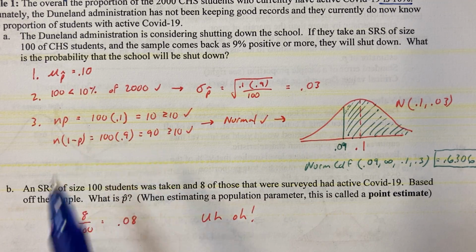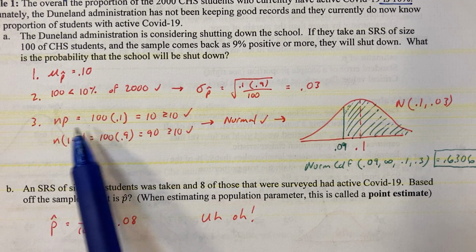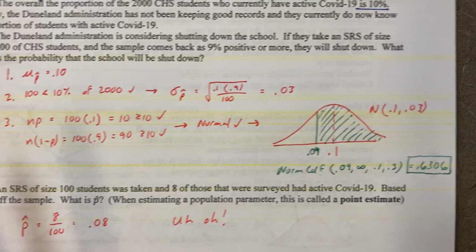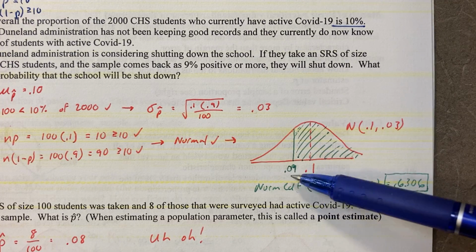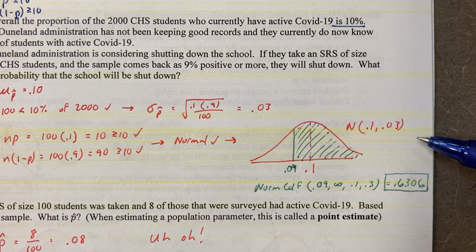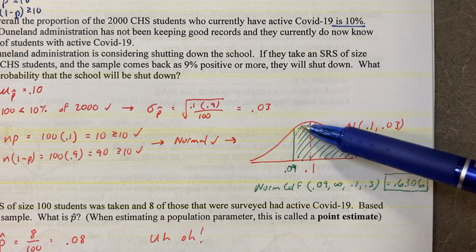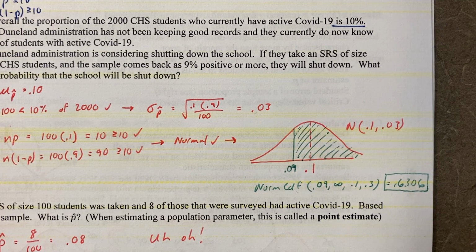All right, then because our sample is large enough, using the NP, it turns out that we can use a normal distribution to find this probability. So if we set up a normal distribution and we look at 0.09 and above, and we use the norm CDF, we get that this area is 63% roughly.